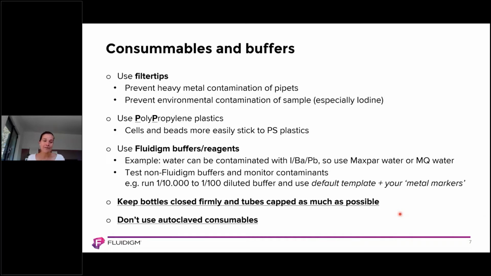And one last thing is don't use autoclaved consumables, because it's not the autoclave itself that induces the contamination, but there is an O-ring inside the autoclave that can release some metals. So just be really careful with autoclaved consumables.